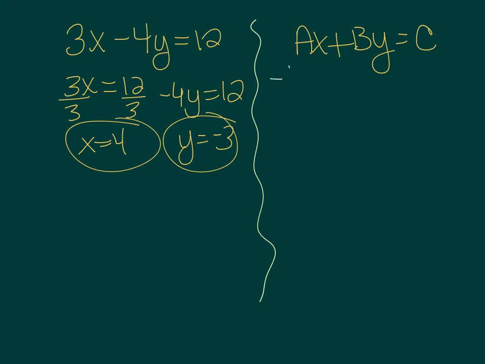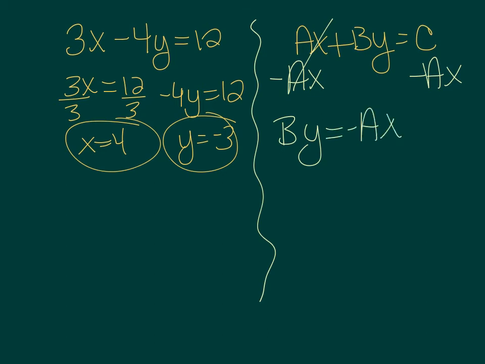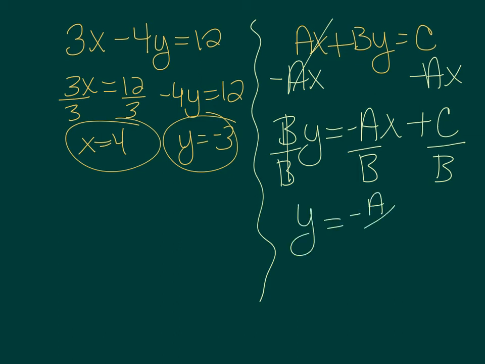We would first take away the Ax term from both sides, and we're left with By is equal to negative Ax plus C. Then we divide the B value away. And so our result is y is equal to negative A over B x plus C over B.